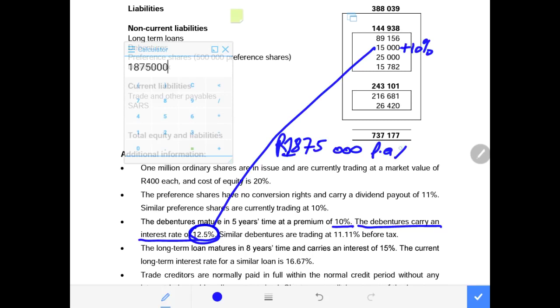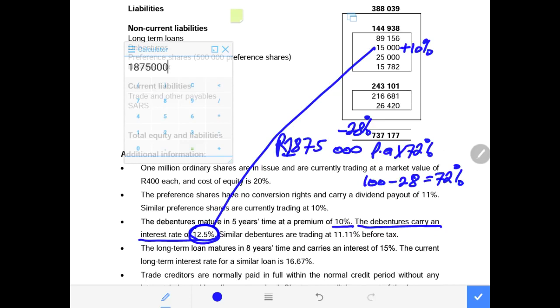So we have to multiply this by 72%, or else you can say minus 28%. We have 100% minus 28%, which is 72%, meaning after tax of 28% has been taken into account.